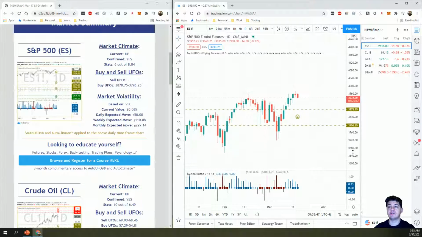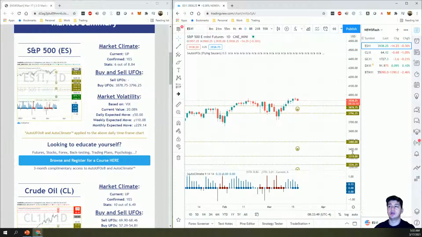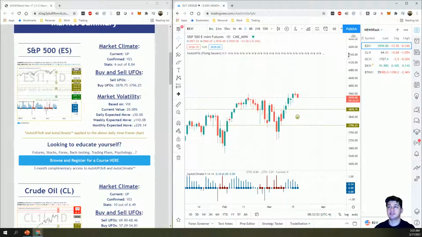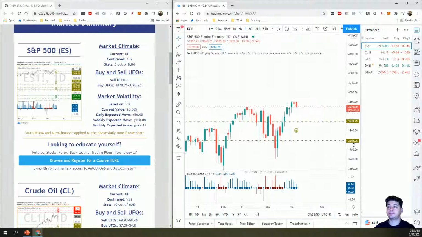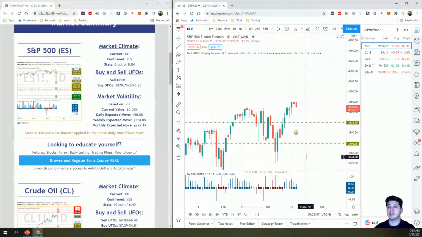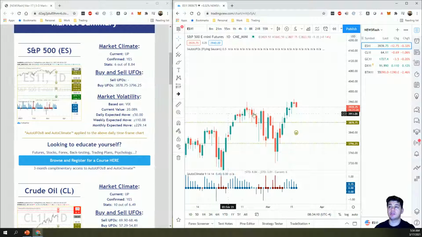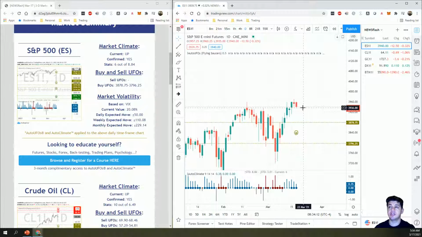I mean, we have a few more down below around this 34 area, but as of right now, we're looking at the closest one, which happens to be this 3878.75. Okay, the market volatility is still an elevated risk volatility, right? We're looking at 20%. We're looking at a 50-point up or down move, which I don't believe we have done yet.